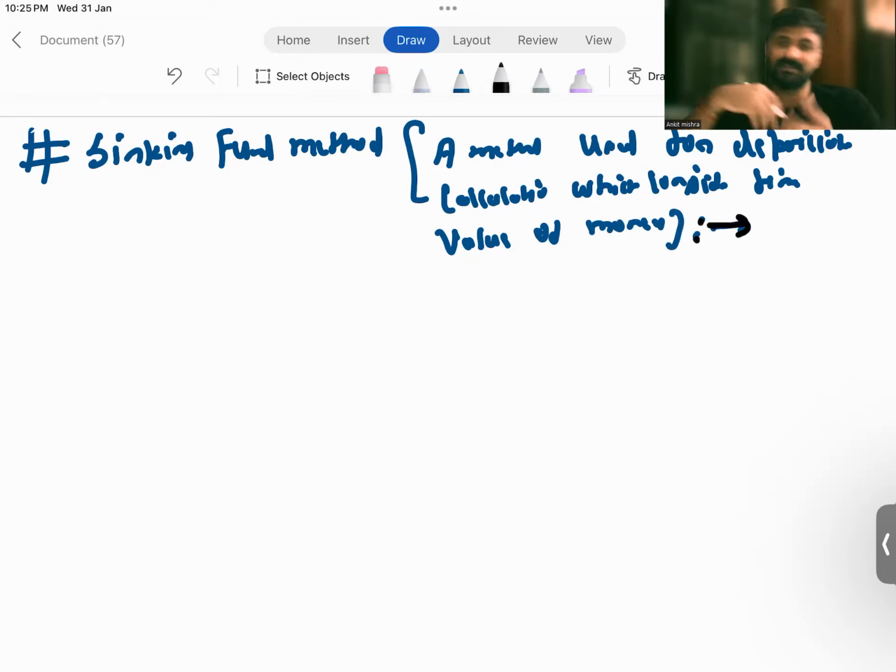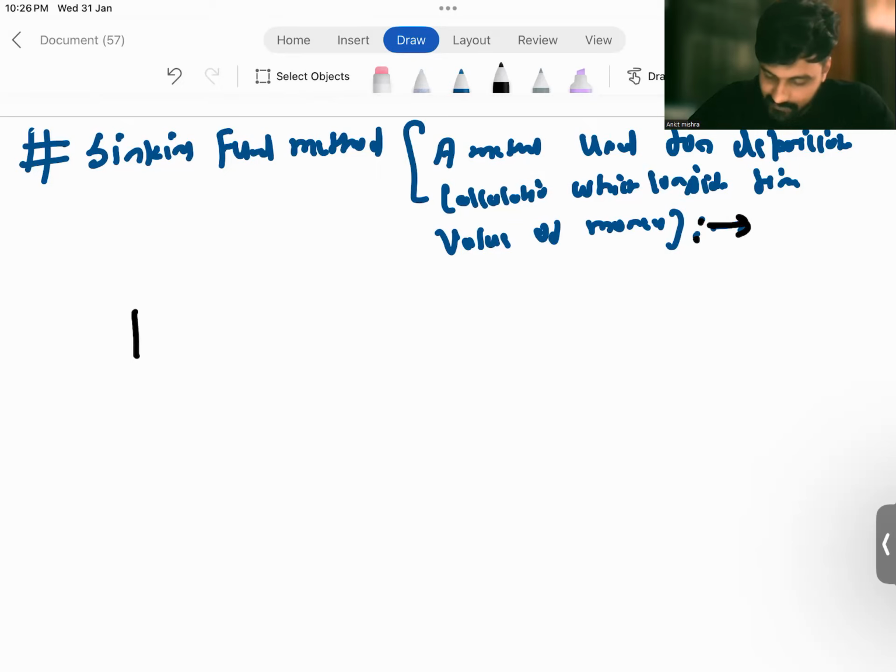Those methods were the straight line method, declining balance method, double declining balance method, and sum of years digits method. They do not consider the time value of money. But the sinking fund method considers the time value of money, and from there you can also calculate the yearly depreciation of the assets, right?